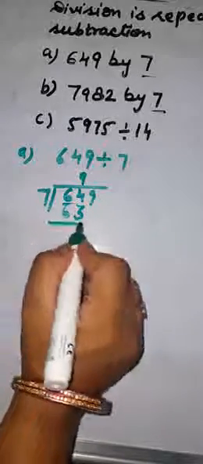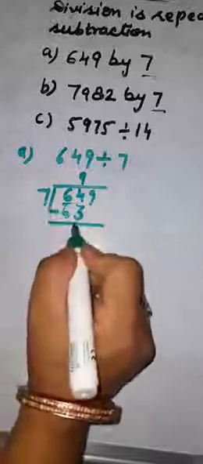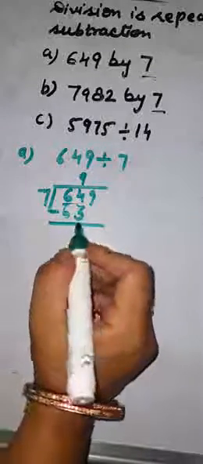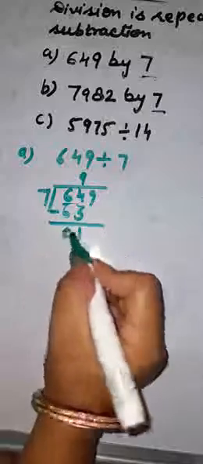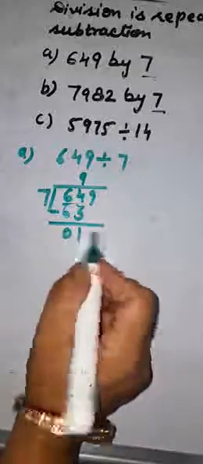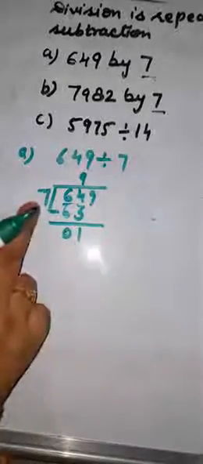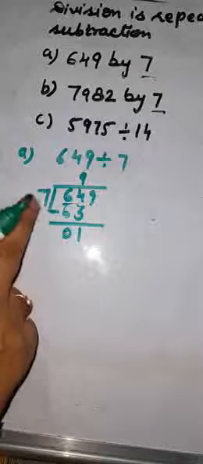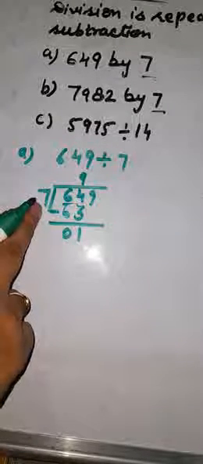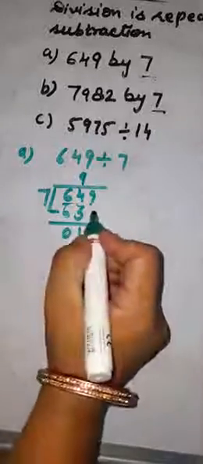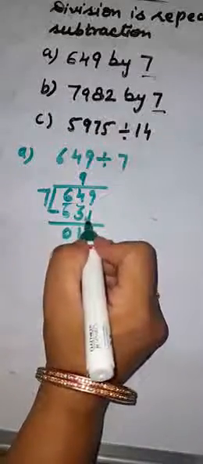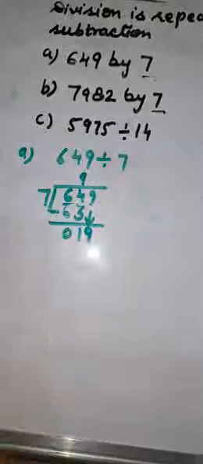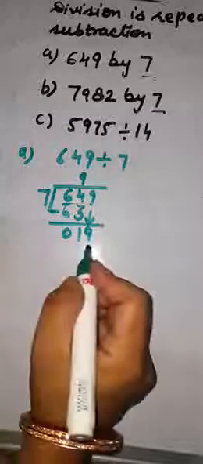Now subtract it. 4 minus 3 will get 1. 6 minus 6 will get 0. And here 1. Now check it. 1 and 7. Again, this is step 2. 1 is smaller than 7. Now what we need to do? We just bring down 9. So here it will become 19.